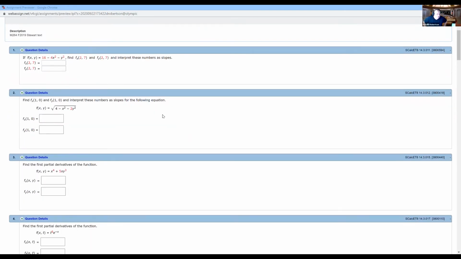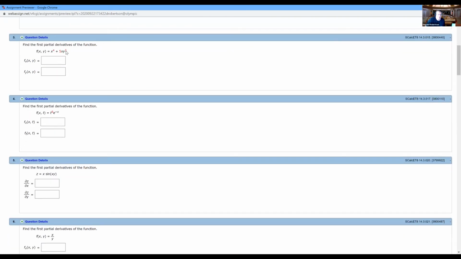In questions 1 and 2, you're being asked to find these 2 partial derivatives. Basically, you find the partial derivative with respect to x, but then whatever it is, you replace the x with 2 and the y with 7. So when you're finished, that'll be 14 and that'll be 12, or whatever. Right?